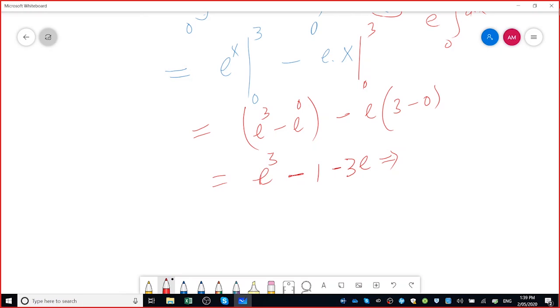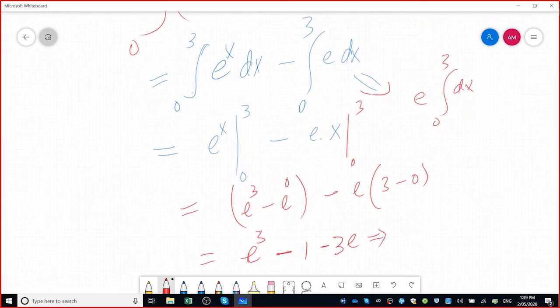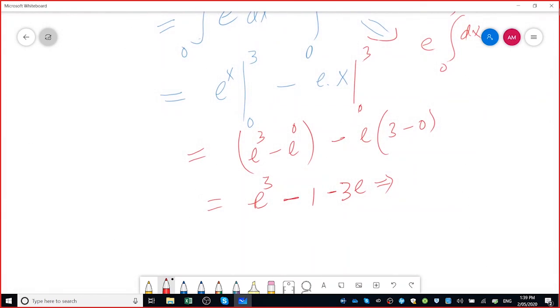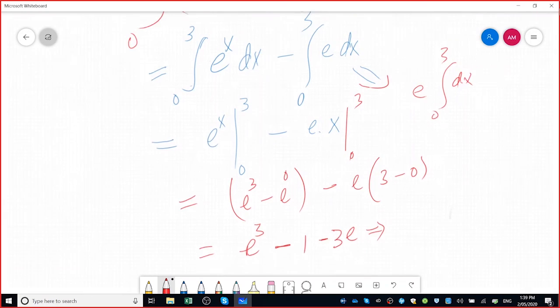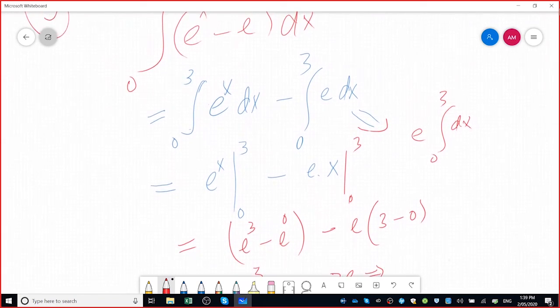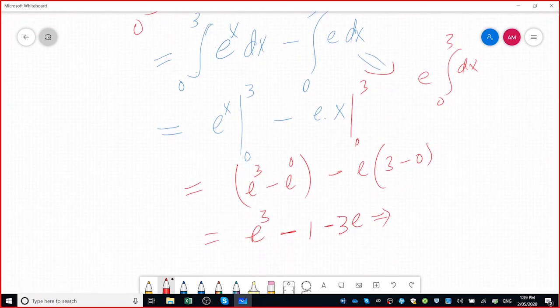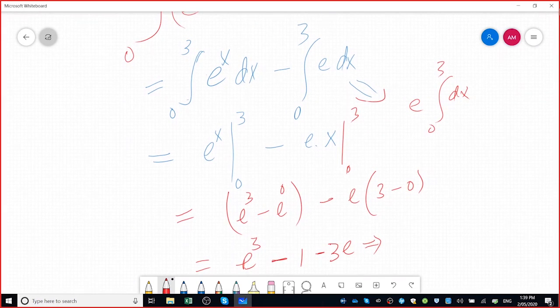Okay. 6D question number 25. So e cube minus 3 plus 1. So it says it's plus 1. Let me see why it is plus 1. In the answer, I'm not sure. e cube minus 3e plus 1. Let me see. e^x from 3 minus 1, minus e constant 3.